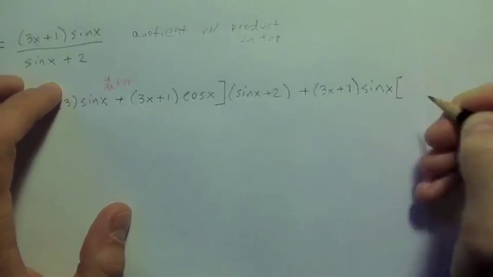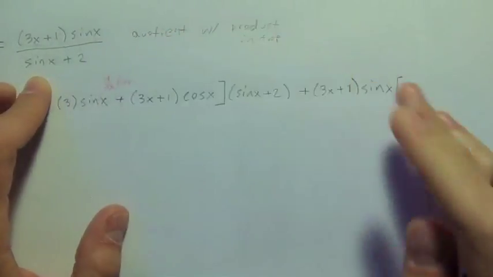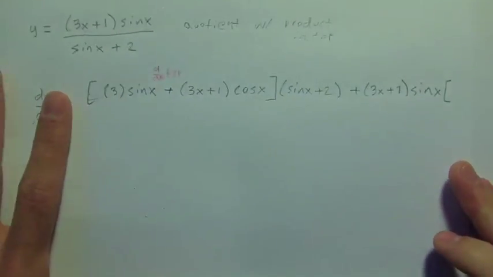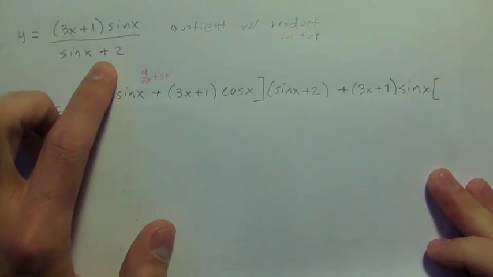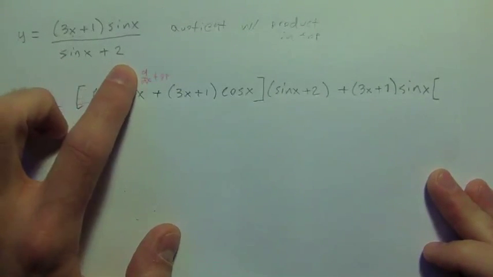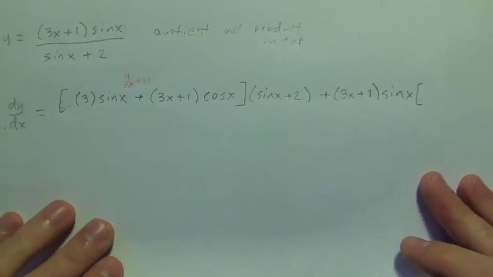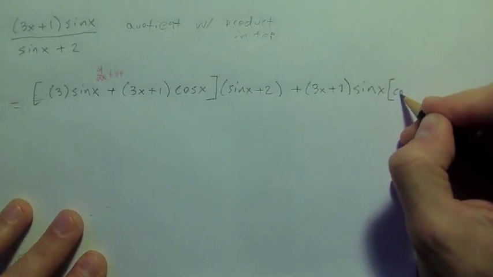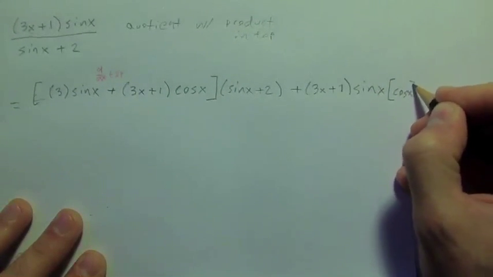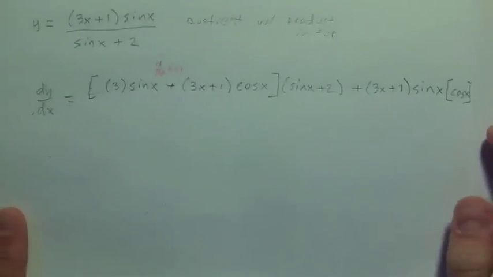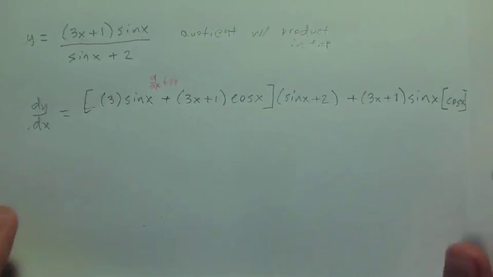And then in brackets here, I will put the derivative of the bottom. The derivative of the bottom, sine x plus 2, will end up being cosine x. Almost didn't make it on this paper.